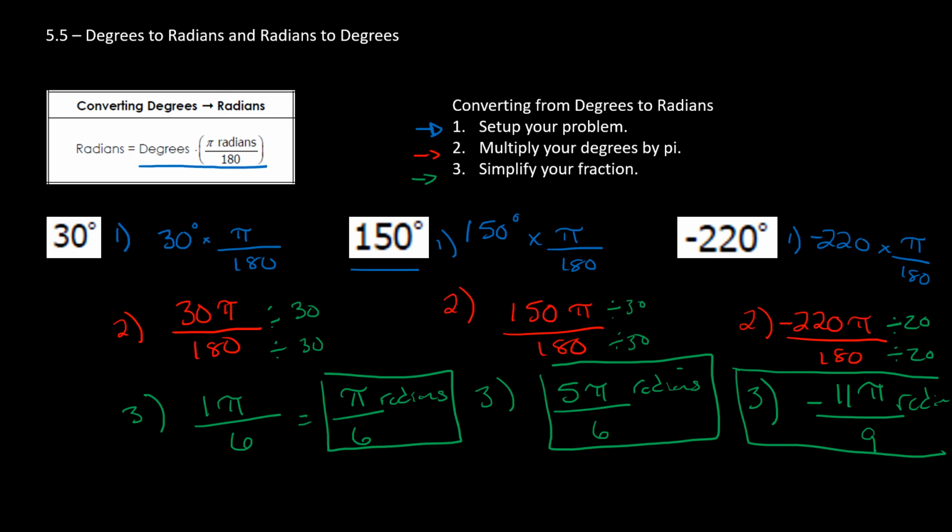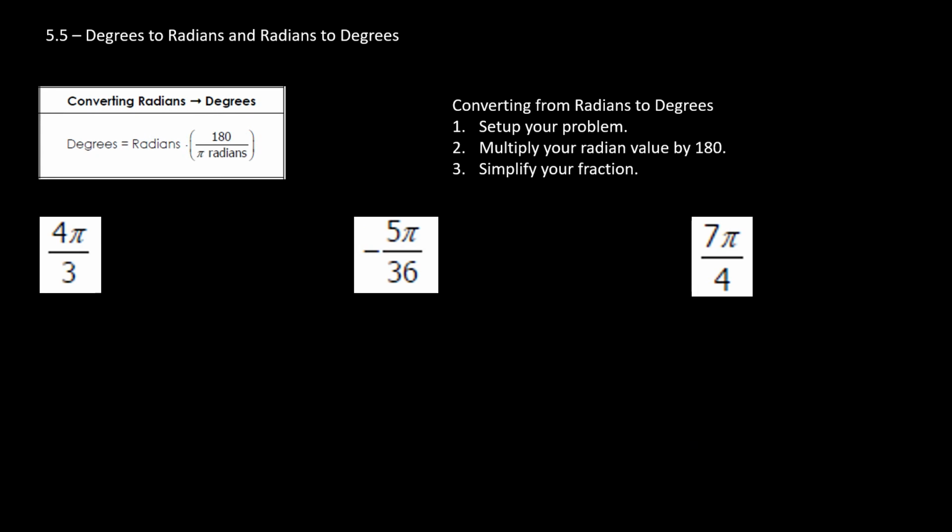So again, this was going from degrees to radians. We start with degrees, we finish with radians. Degrees to radians. So now let's look at radians to degrees. What's going to happen here is you've probably already noticed we're multiplying by the inverse of what we had before.